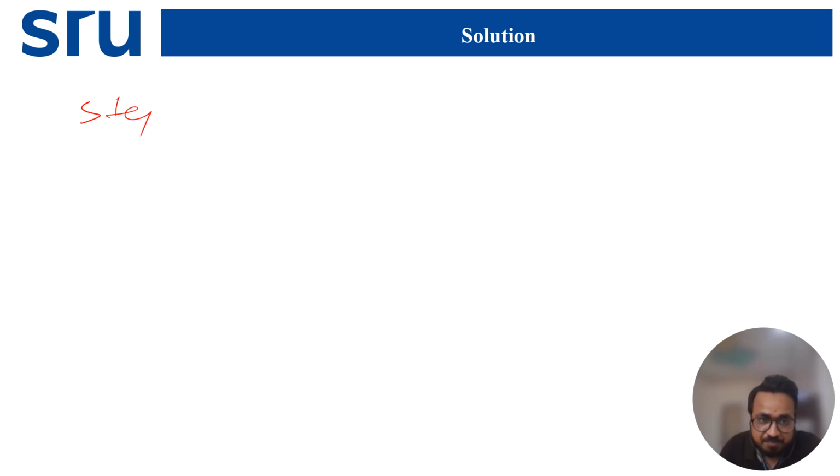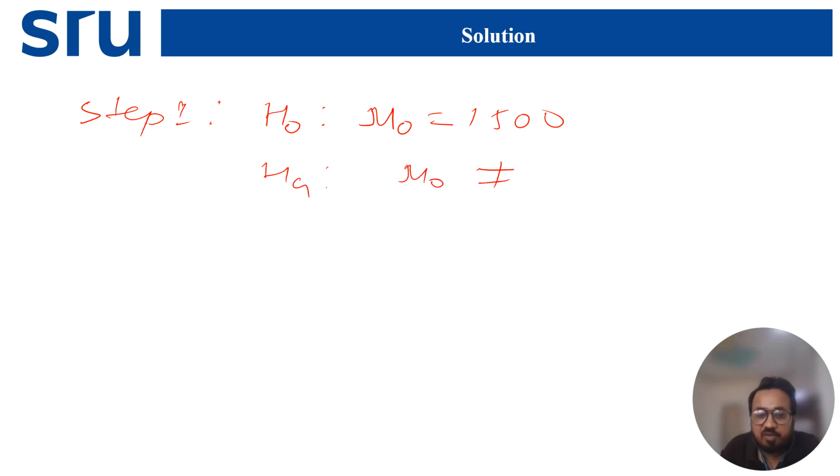In step 1, we will determine the null hypothesis. The null hypothesis will be mu naught equal to 1500. What is the alternative hypothesis? Mu naught not equal to 1500. Okay.